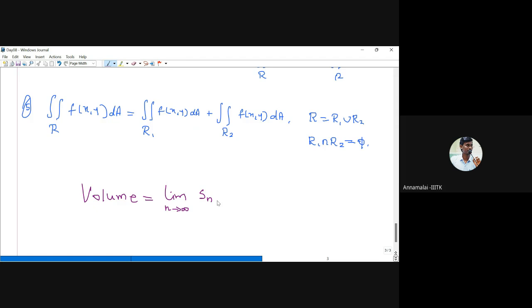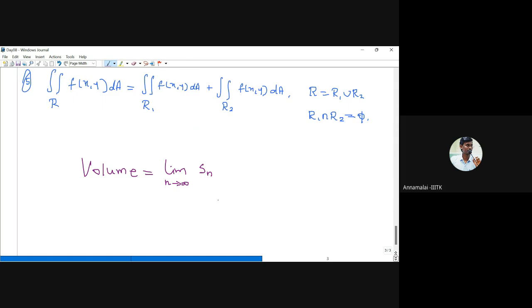Okay. Now we have some theorem for calculating the double integrals. That is called Fubini's theorem for calculating.